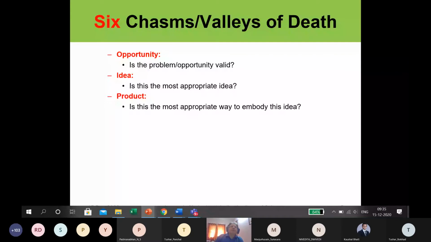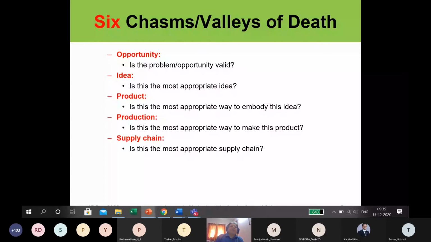Is this the most appropriate way of making this product? And is this the most appropriate supply chain for taking that product out to the society? And is this the most appropriate business model for taking it out? So all of these have to be good enough that the solution goes out to the society and makes a difference.